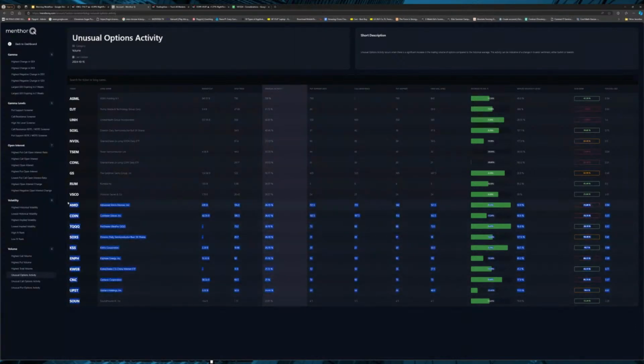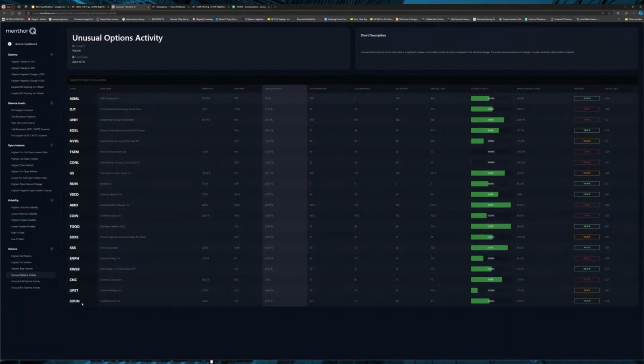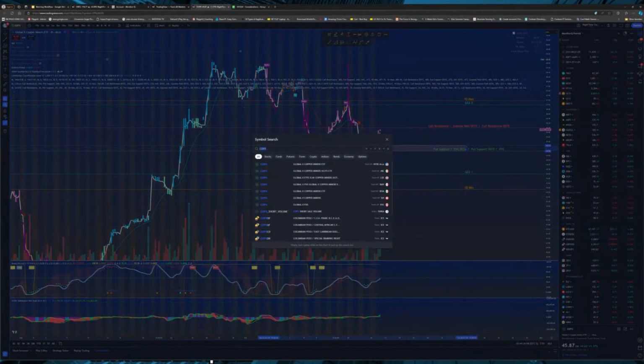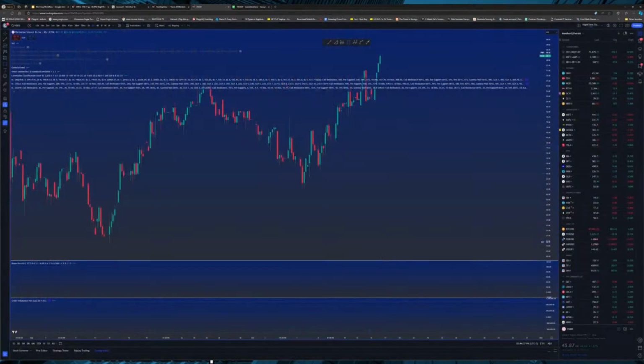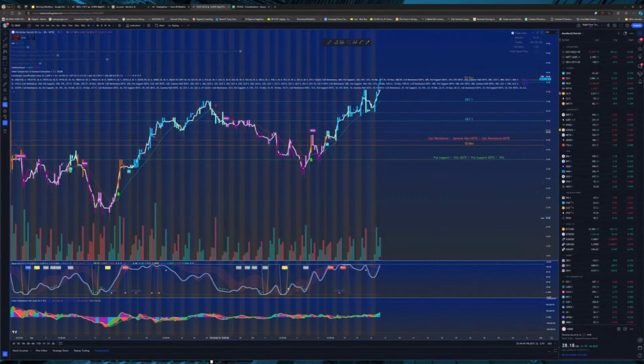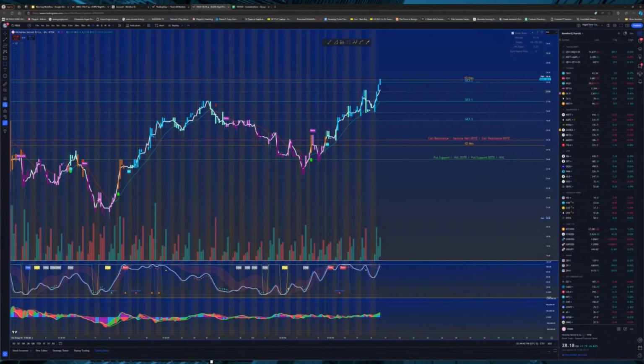But what sticks out to me is this Victoria's Secret and this Kohl's. Very different industry than all of these stocks. So I want to see what's going on with that particular issue, because we're in the holiday season. Who knows? Maybe they have some big plans for their stores or for their business.